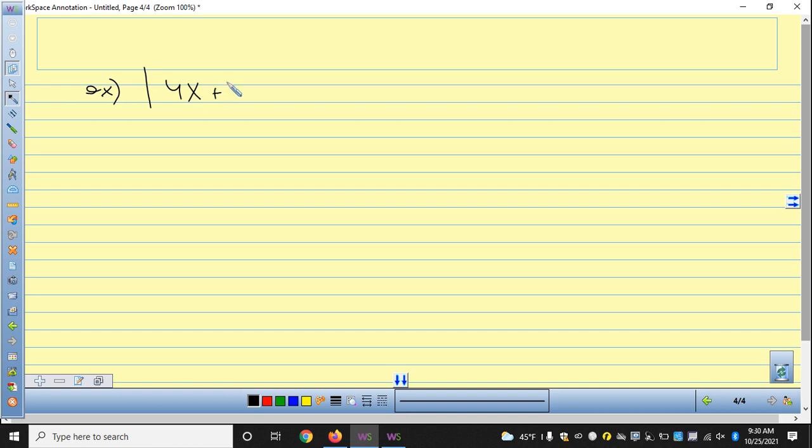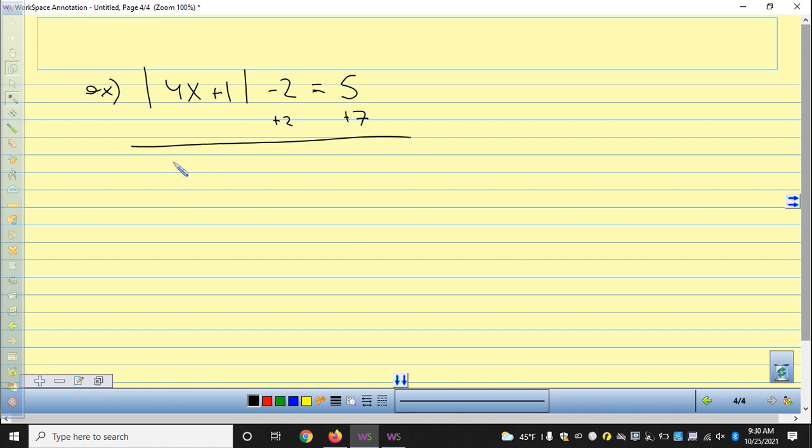The absolute value of 4x plus 1, minus 2 equals 5. So we want to get the absolute value by itself. I'm going to start by adding 2 to both sides. And I get the absolute value of 4x plus 1 equals 7.